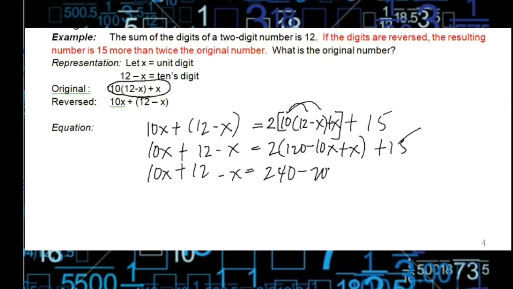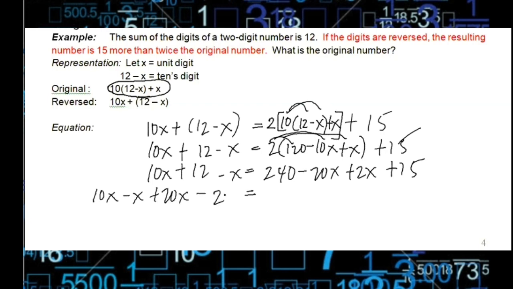So minus 20x, distribute one by one, plus 2x plus 15 is equal to. Combine all the x on the left. So 10x minus x plus 20x, the sign changes, minus 2x. Then 240 goes to the right, plus 15 moves to the right.